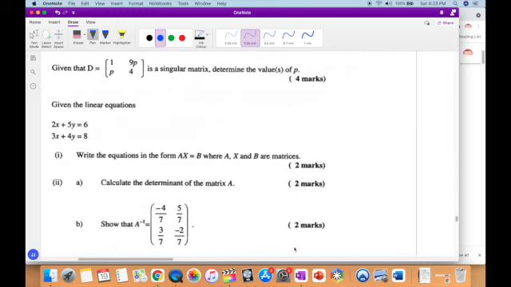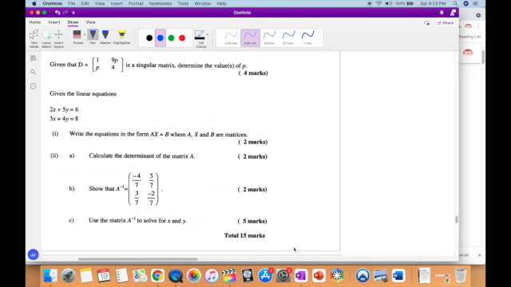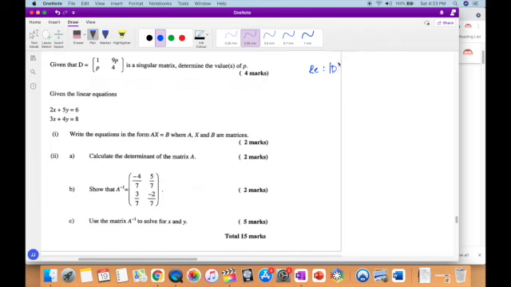So let me just say, recall, this is the matrix D, so I will say that the determinant of D equals 0 for a singular matrix. All right.